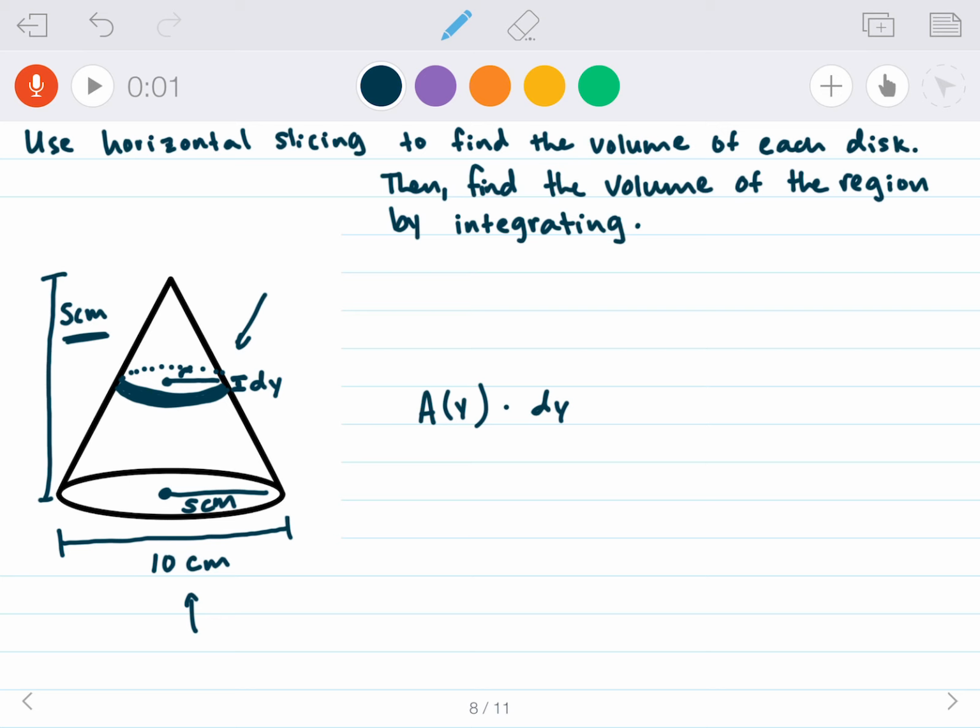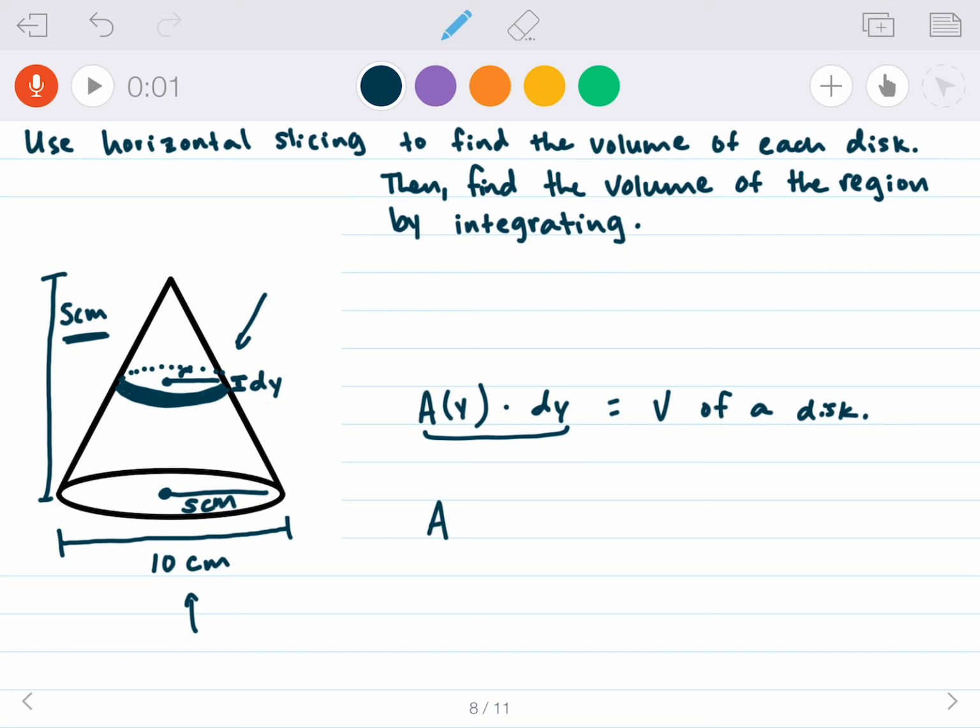So this is going to be the volume of a disk, or is it disk with a C? I'm not sure, but anyway, this is the volume of the disk. And so the question is, what is A of y? Before I put this in an integral, what is A of y?